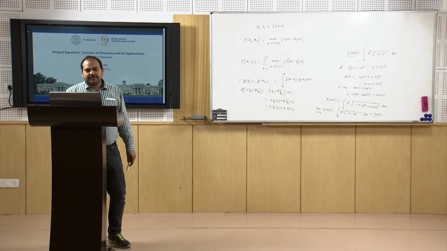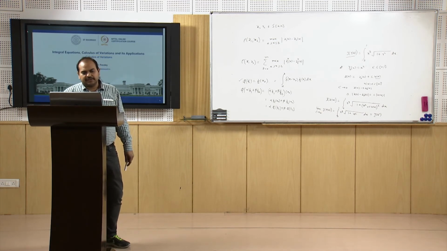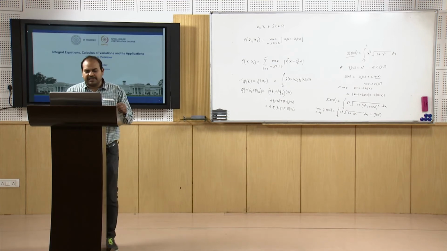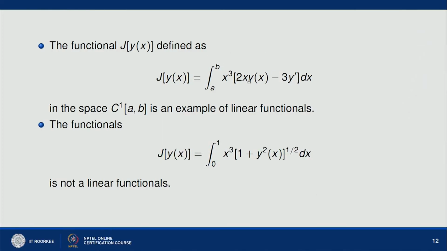And similarly, the third example, which is defined as J of y(x) equal to the integral from a to b of x cubed times 2x y(x) minus 3y dash dx, in the space C1[a, b]. Here C1[a, b] is the space of continuously differentiable functions. It means all those functions whose first order derivative is also continuous. So in that sense, this functional is also a linear functional.